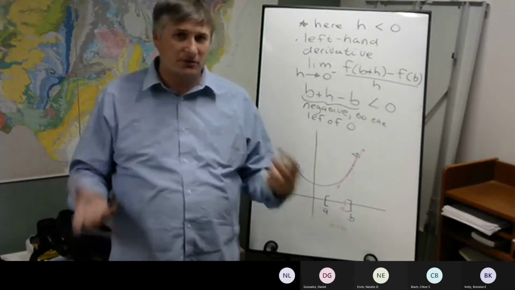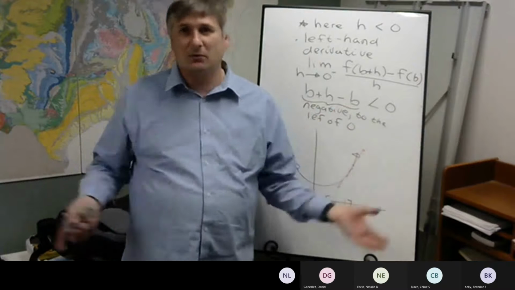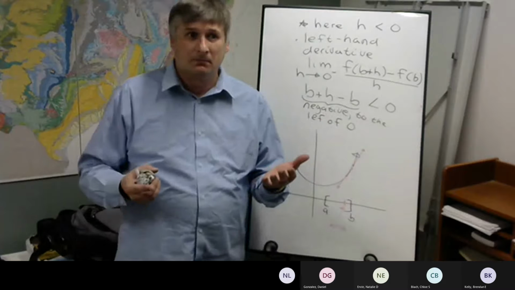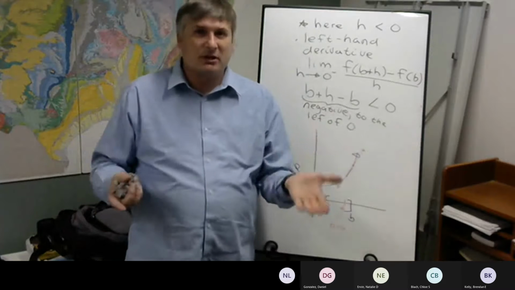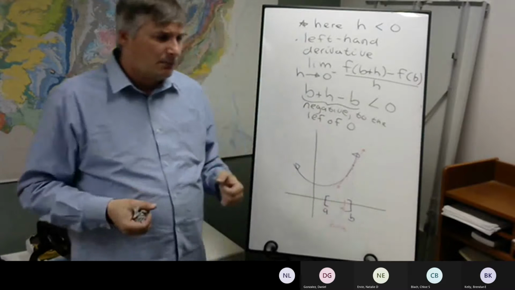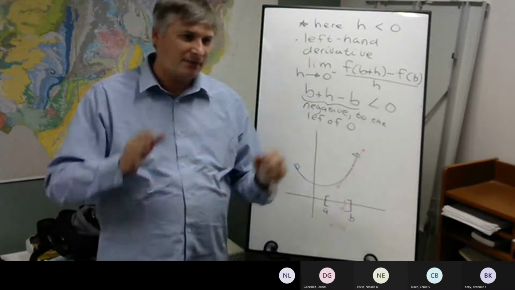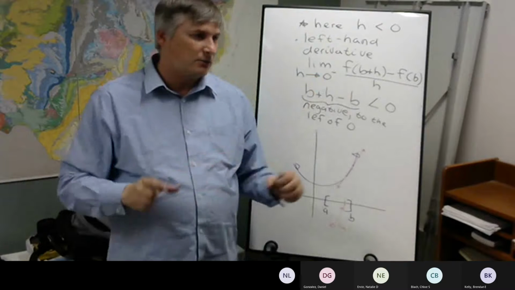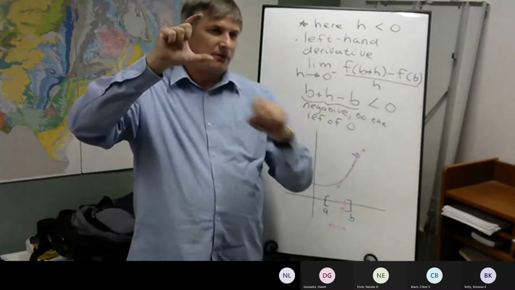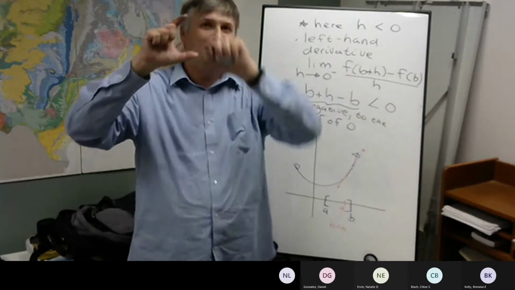A function is differentiable on an interval if it's differentiable at every single point in that interval. And that's it. Now for open intervals, you just use your regular derivative formula. But for closed intervals, you have to use three formulas. You would use the regular formula for the interior, and then a right-hand derivative for that far left point, because you're going to approach from this side.